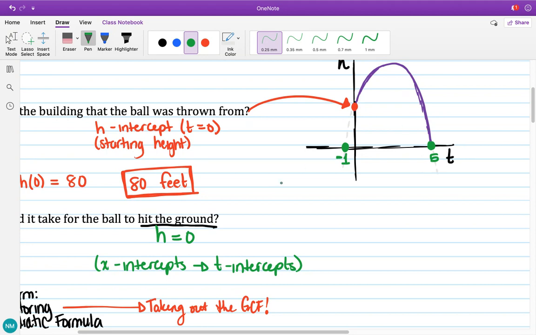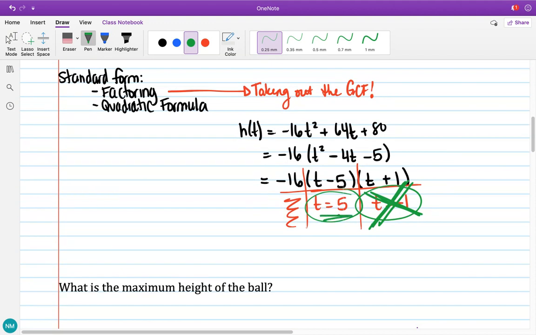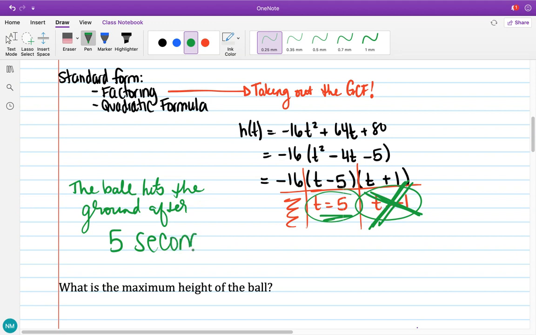That makes logical sense. So this negative value gets canceled, but this one does not. So I can say the ball hits the ground after 5 seconds.